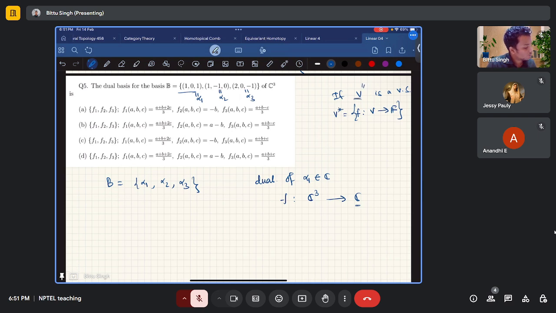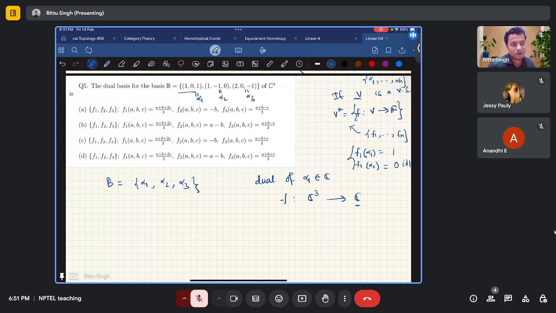Suppose a basis for V is alpha 1 up to alpha n. From those we can find a basis of V star, which we write as f1 up to fn, corresponding to alpha 1 up to alpha n. What are the properties? f1 applied on alpha 1 gives 1, and f1 applied on alpha i, where i is not equal to 1, gives 0.